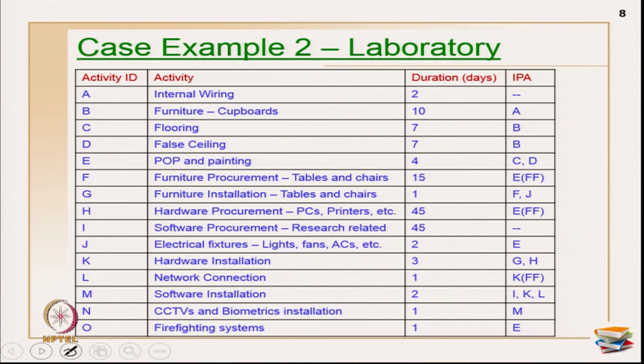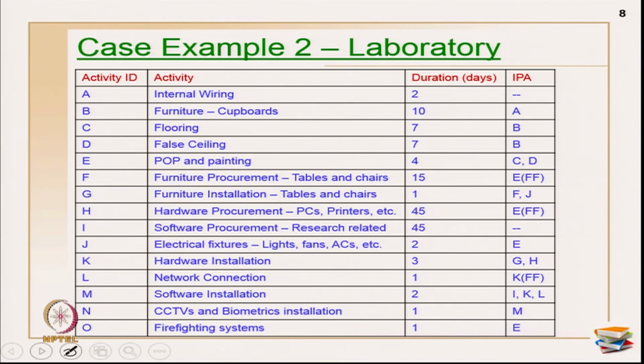For example, if the furniture has to be ordered, then the predecessors and successors would have been different. This furniture has to be customized. Sometimes the relationships also change with the predecessors and successors. Now, these are the list of activities. For example, internal wiring was the first activity planned after the room was partially ready.